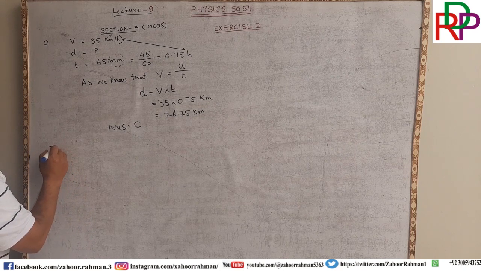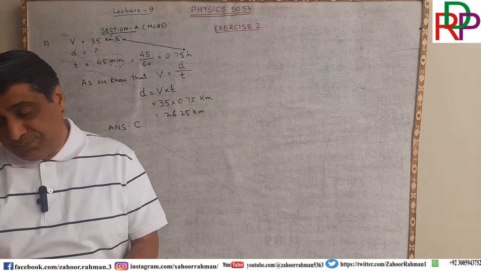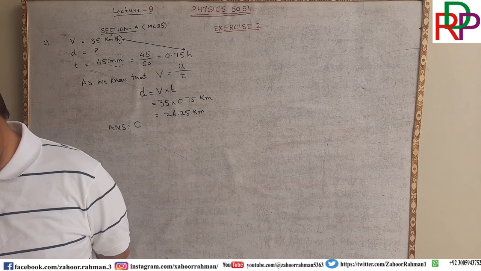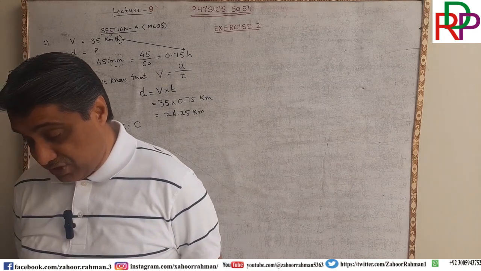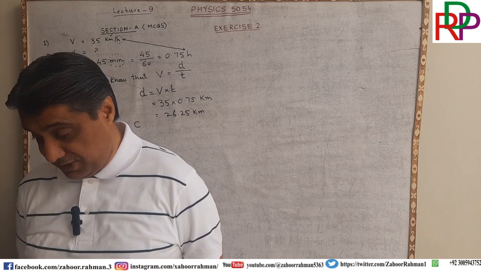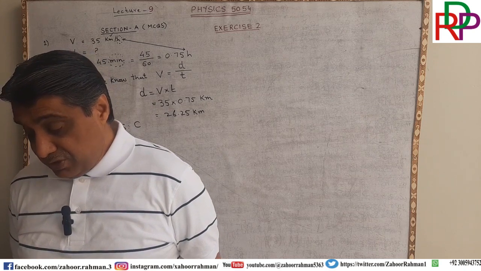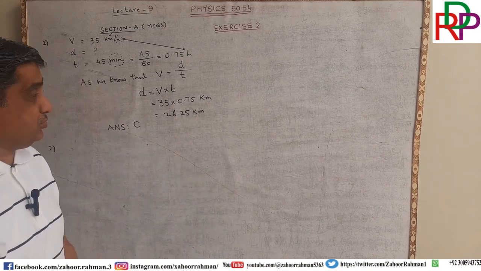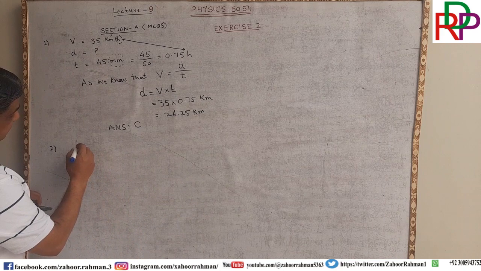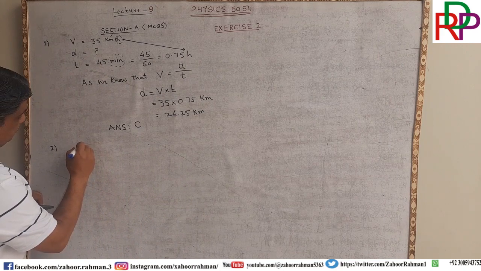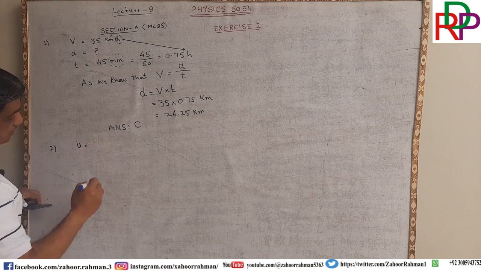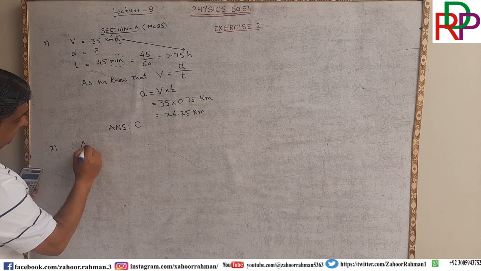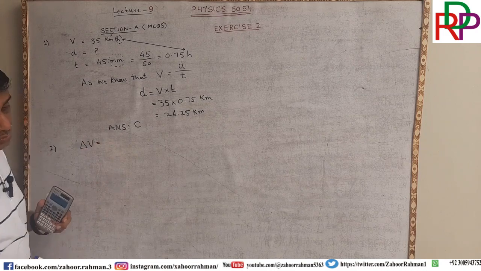The number two question inside the exercise is saying a car accelerates uniformly from 5 meter per second to 13 meter per second. So directly I am writing that delta V is equal to what?